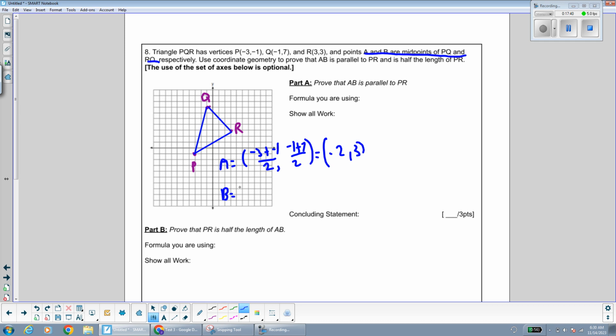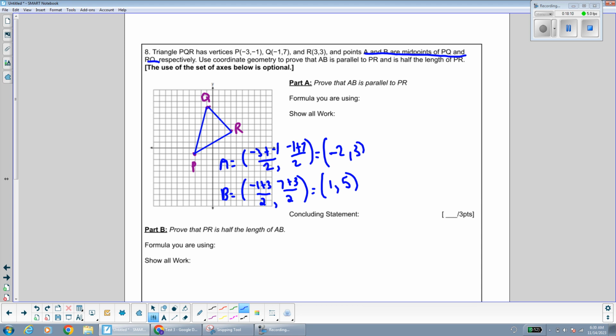And now for point B, that's the midpoint of RQ. So for RQ, that would be -1 plus 3 over 2, 7 plus 3 over 2. So that would be 1, 5. That's a negative. Sorry about that. Okay, so now we have points A and B.